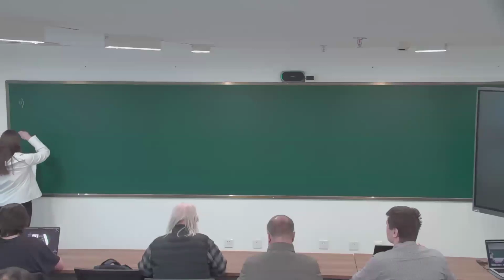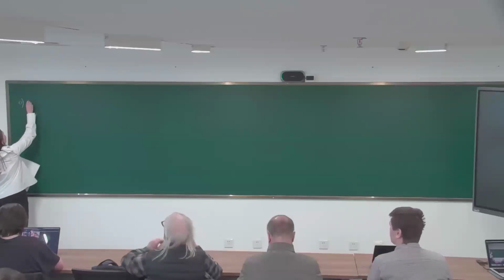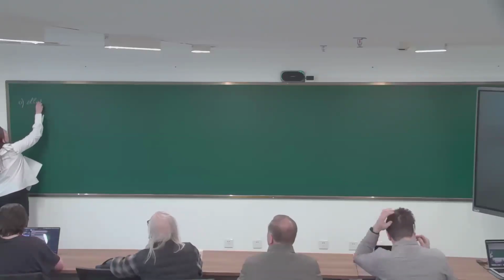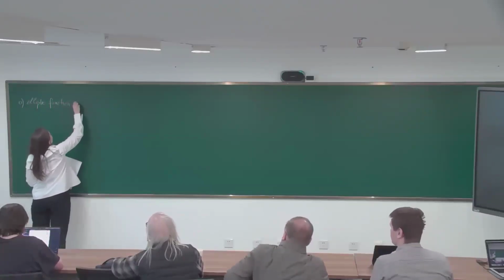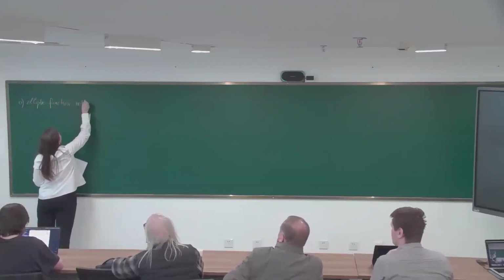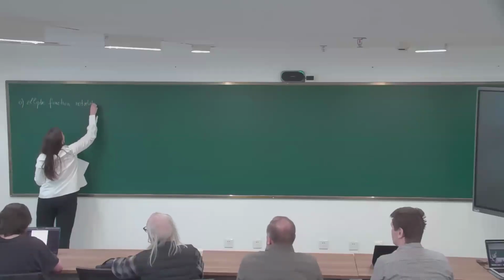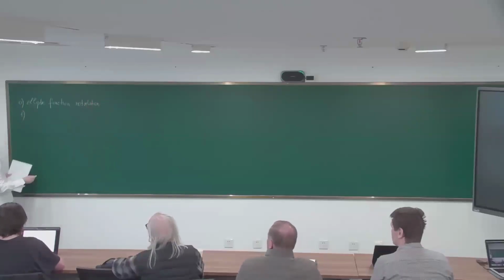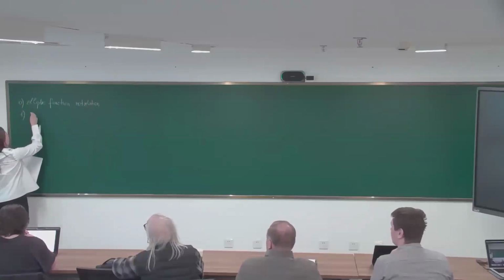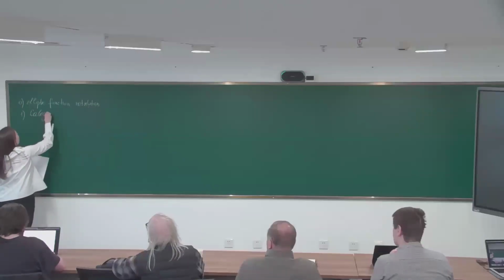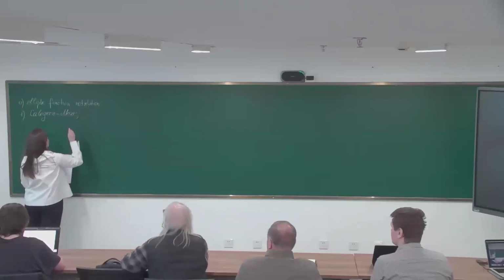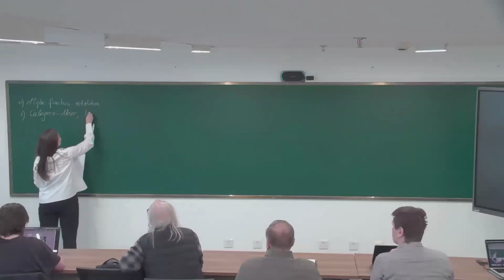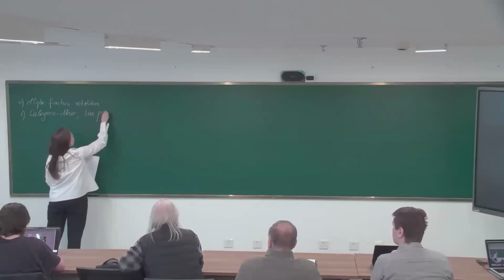So, firstly, I will give you some elliptic function notation. Then I will talk about the Calogero-Moser system, elliptic Calogero-Moser system, and the Krichever Lax pair with spectral parameter for it.